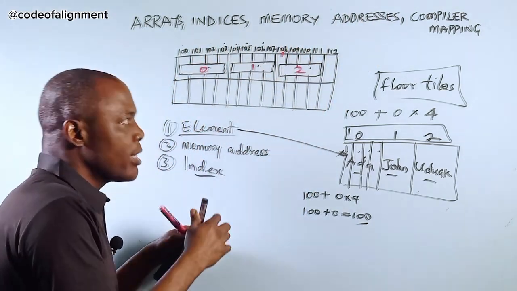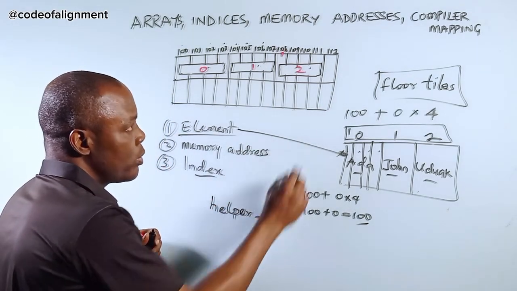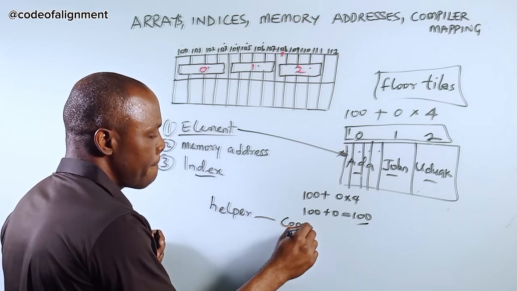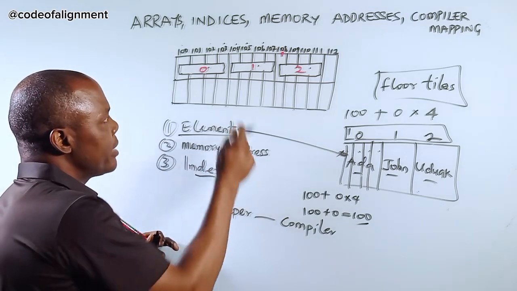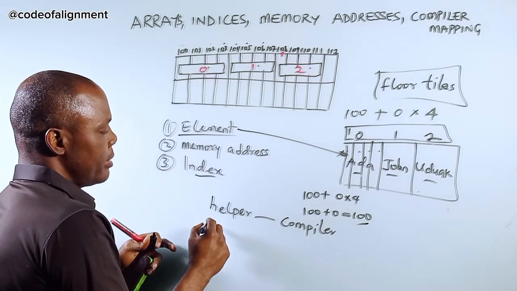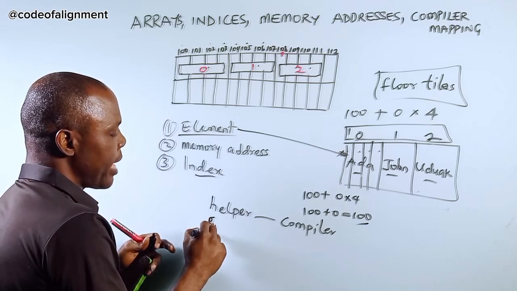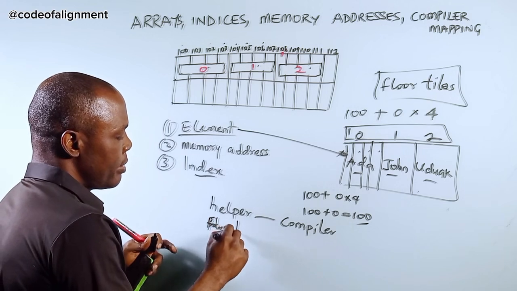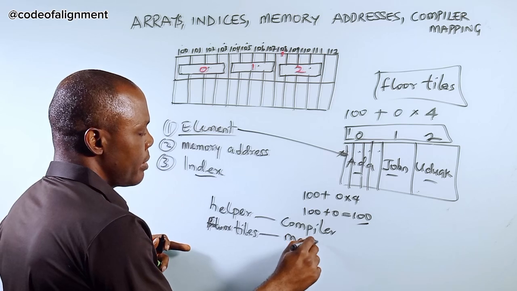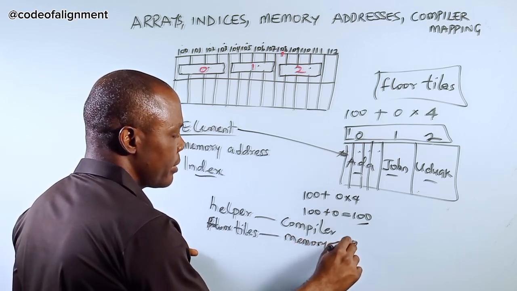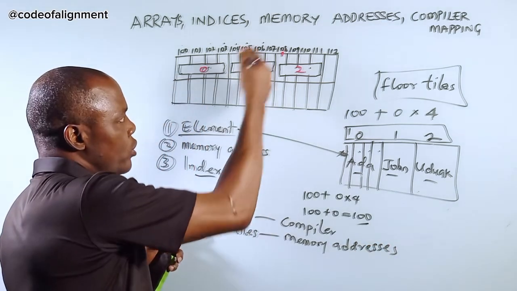So in this class, the helper, right? That helper is what you are referring to as the compiler, right? The memory addresses are what the builder, that is the floor tiles, the builder constructed.